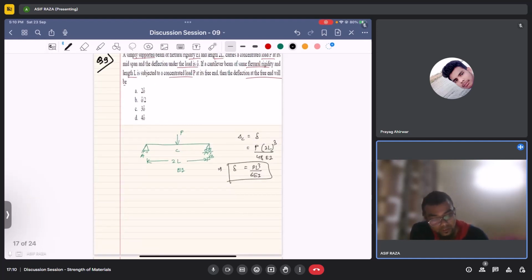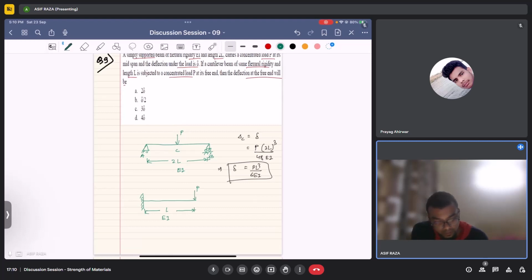Okay. Now the second part is, we are given a cantilever beam of the same flexural rigidity, which implies that EI is the same, and length L, subjected to a concentrated load P at its free end.